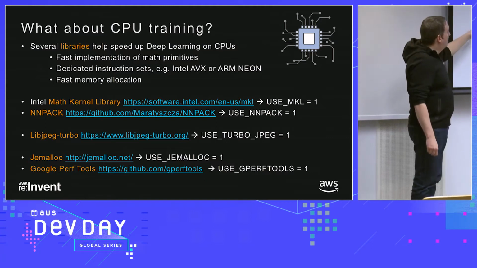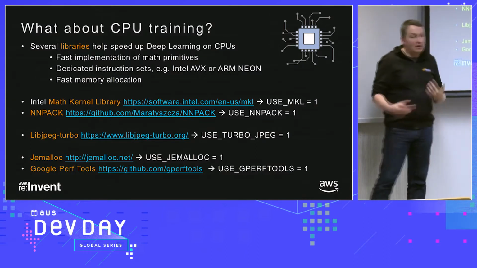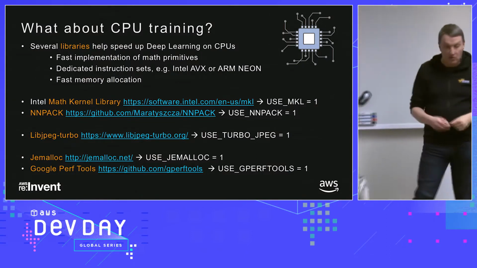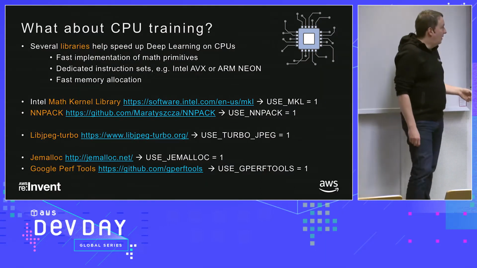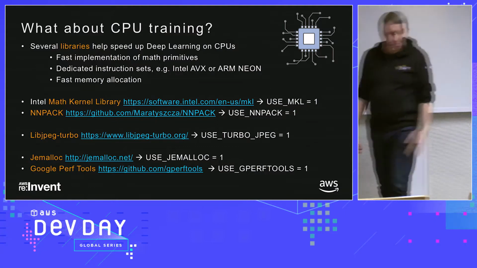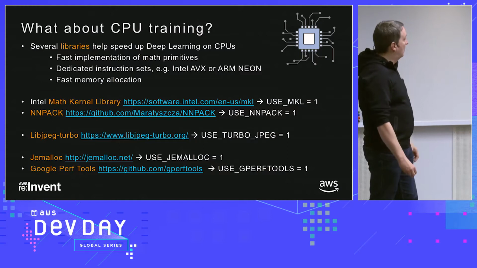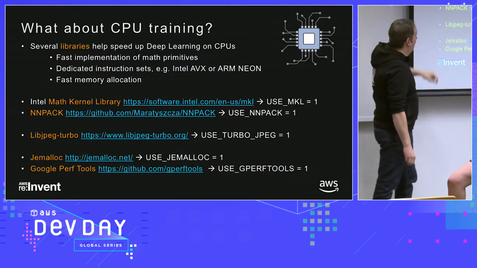You can also use performance libraries like libjpeg-turbo, jemalloc and Google Perftools to speed up various parts of the process, image manipulation and memory allocation. These are usually not built in, but feel free to try that. The biggest benefit will probably come from using MKL.